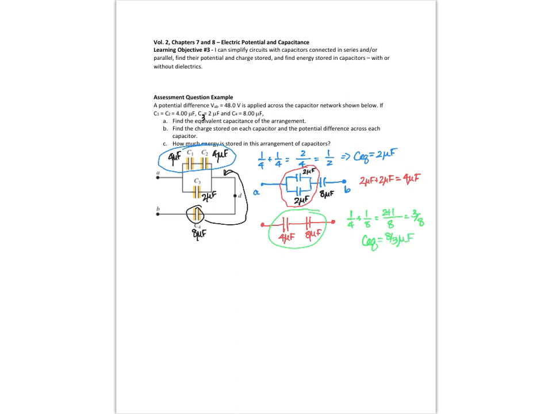And this is the first time my numbers didn't turn out pretty, but that's okay. I find that the overall capacitance of this arrangement is 2.67 microfarads. So this whole arrangement with a potential difference across them of 48 volts, and so this is from A to B, and a capacitance of 2.67 microfarads.